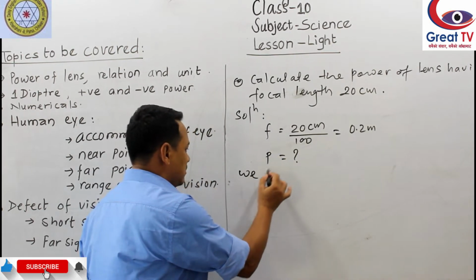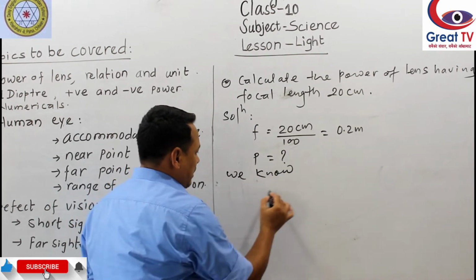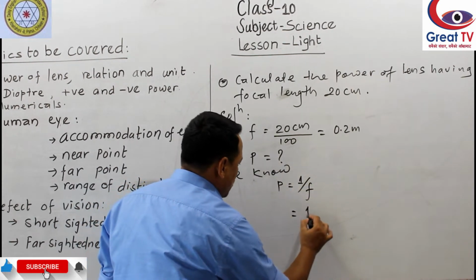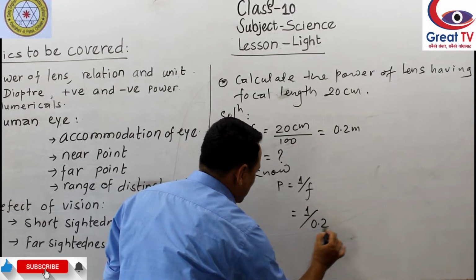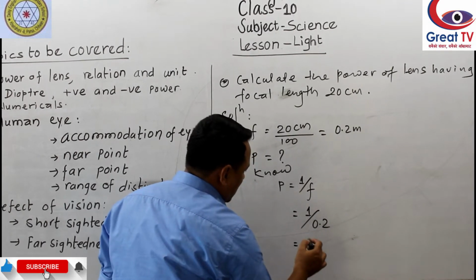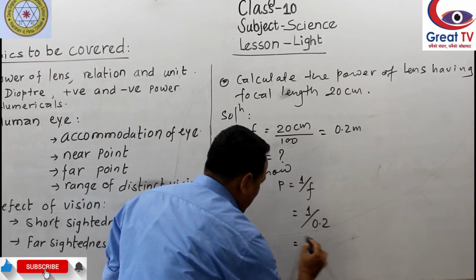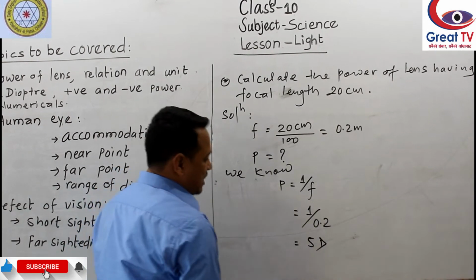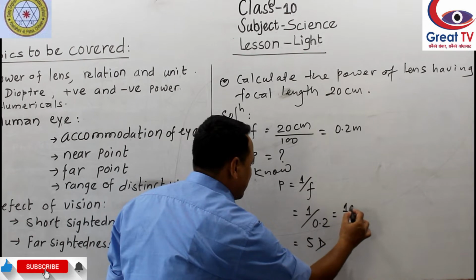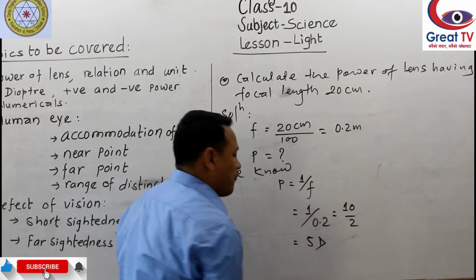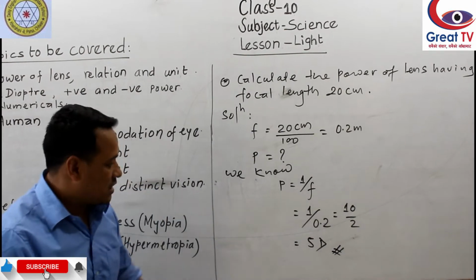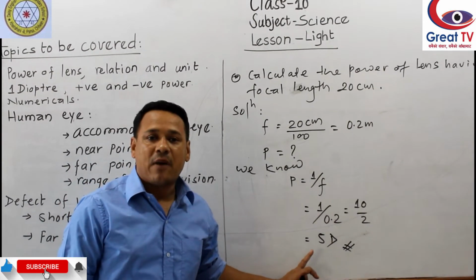We know P equals 1 by f. It means 1 by 0.2, which is 10 by 2. It means 5 diopter. So 5 diopter is the power of the lens.